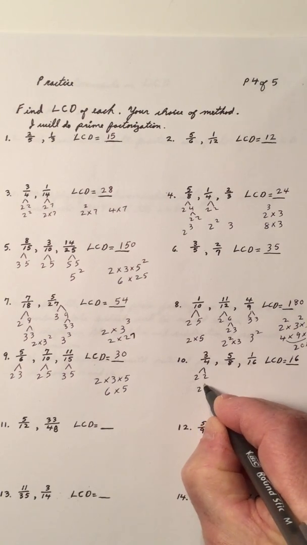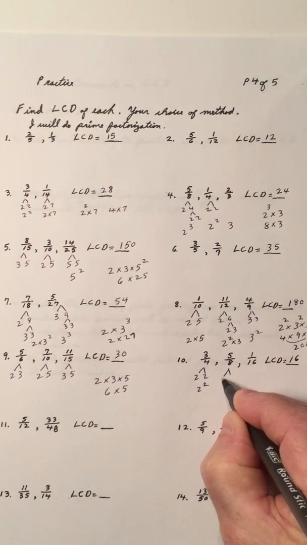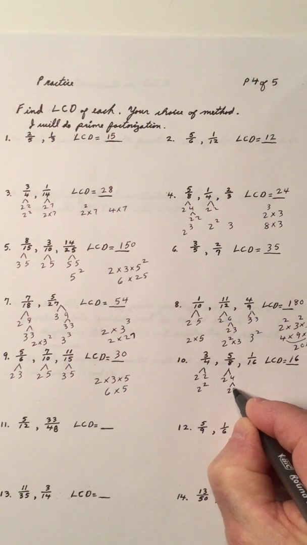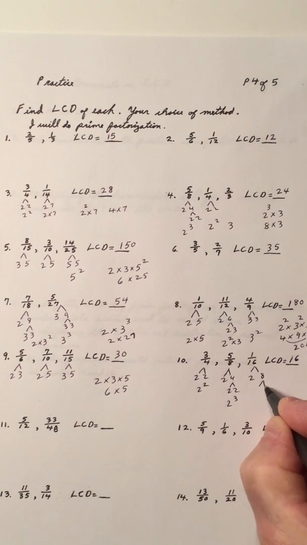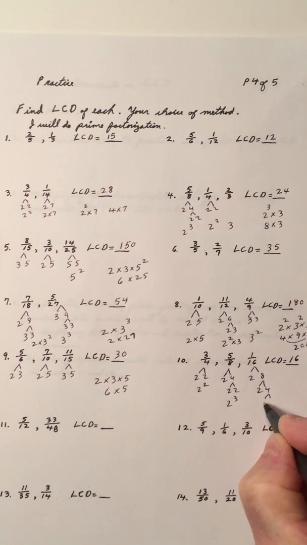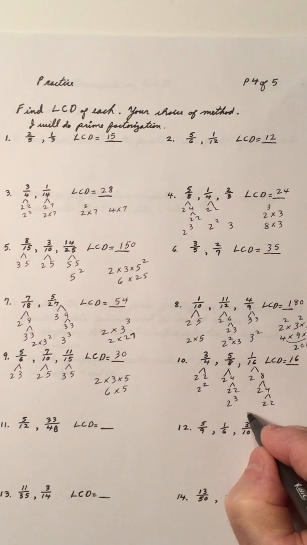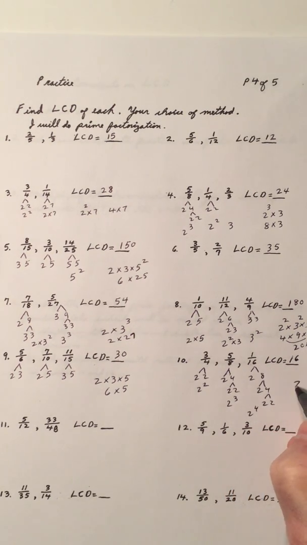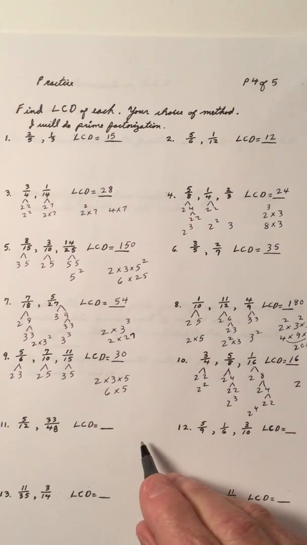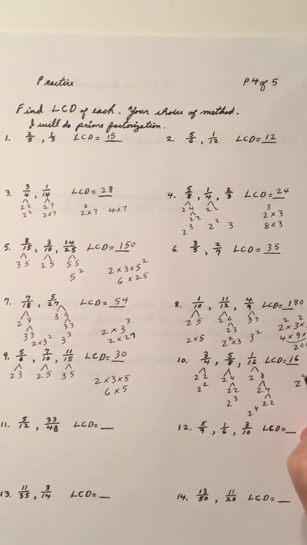4 is 2 squared. 8 is 2 times 4, which is 2 times 2 times 2, which is 2 cubed. 16 is 2 times 8, which is 2 times 4, which is 2 times 2 times 2 times 2. So 16 is 2 to the 4. 1, 2, 3, 4. Notice we have a 2, the only factor, and the largest power is 4, which gives me a 16.